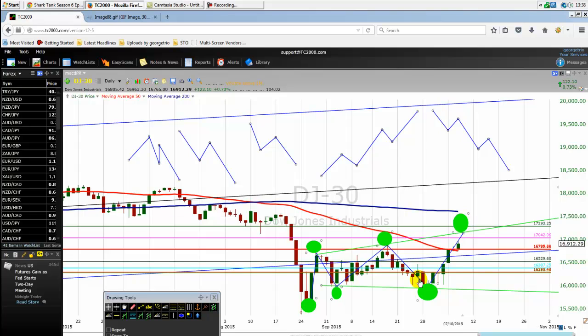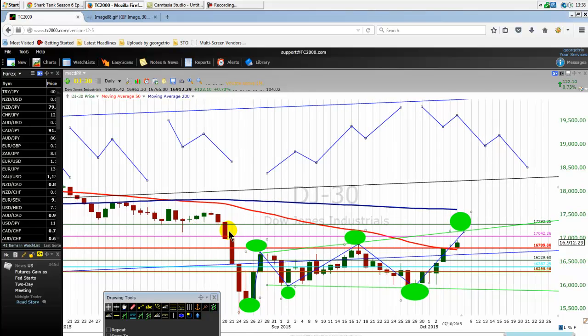All right? So this is the E from here to here. The E part of our ABCDE chart pattern, or the E part of our ABCDE expanding triangle, is not yet completed. The price is heading to the upper side of our expanding triangle.